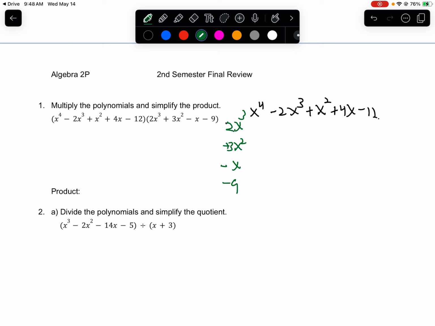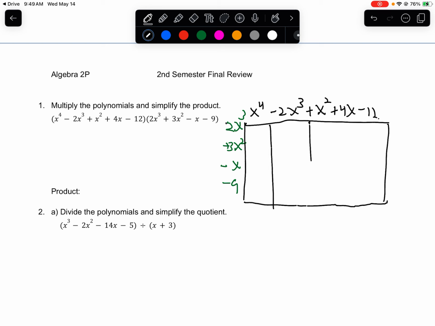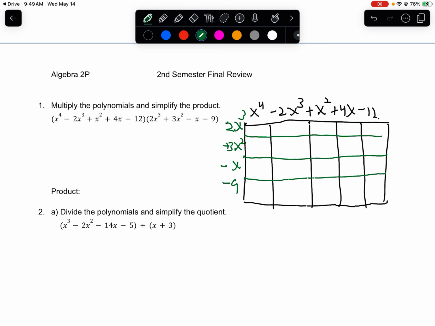Now this is larger than the one you're going to see on your exam, they're longer polynomials, but the process is the same. You have a column for each term across the top, 1, 2, 3, 4, 5, and a row for each term going down the side, 1, 2, 3, and 4.